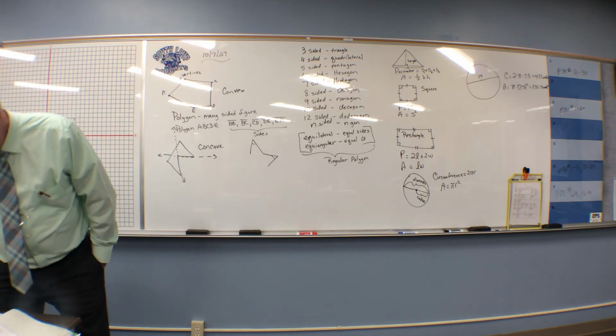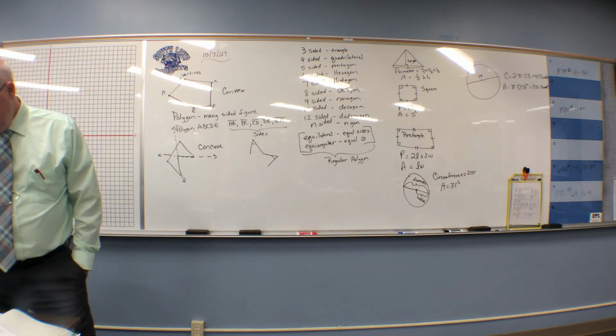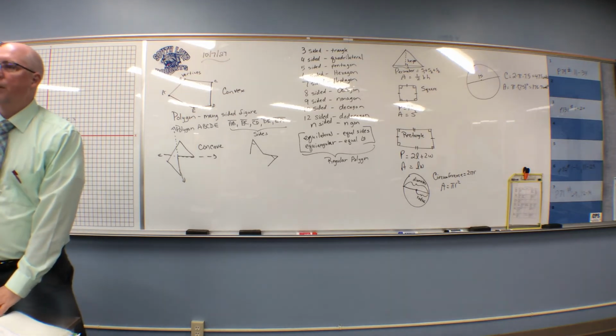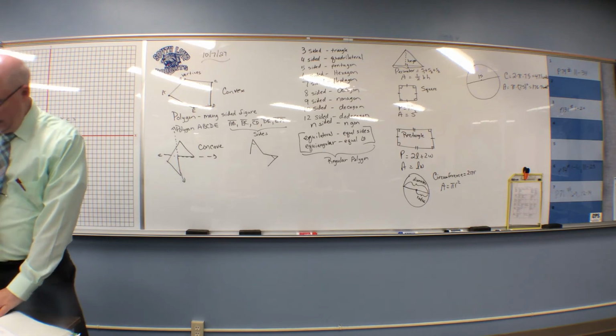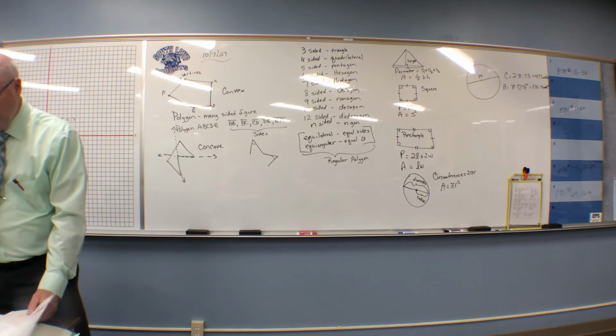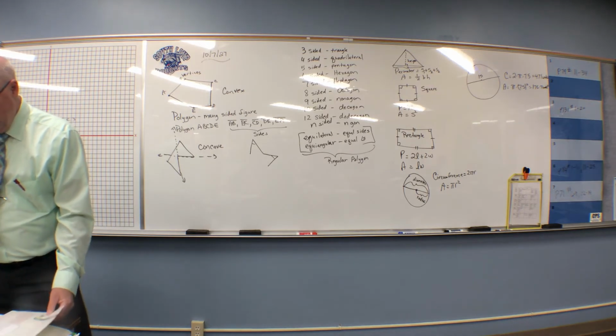It is irregular. It is concave. Number 16. Pentagon. Concave or convex? Convex. And regular or irregular? It is regular.